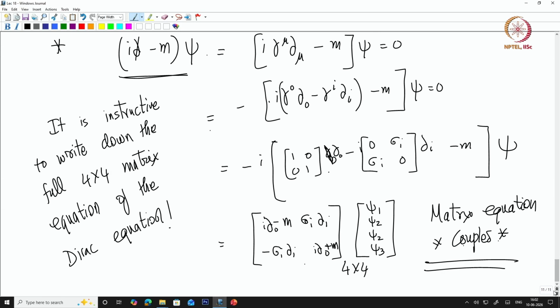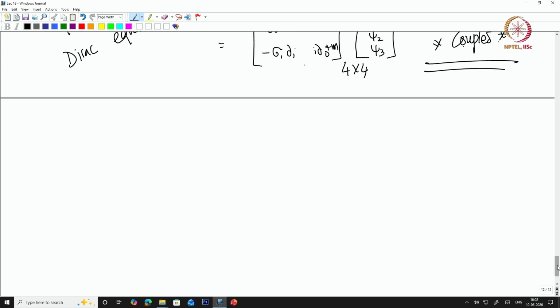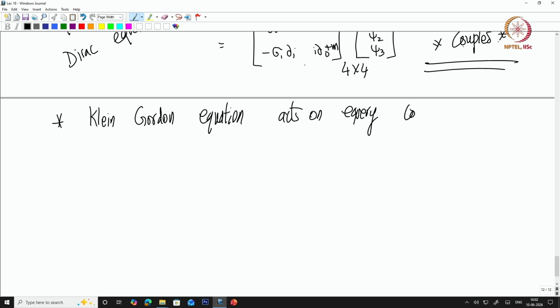So, this Klein-Gordon equation acts on every component of the Dirac equation. So, every component of the Dirac equation satisfies the Klein-Gordon equation.